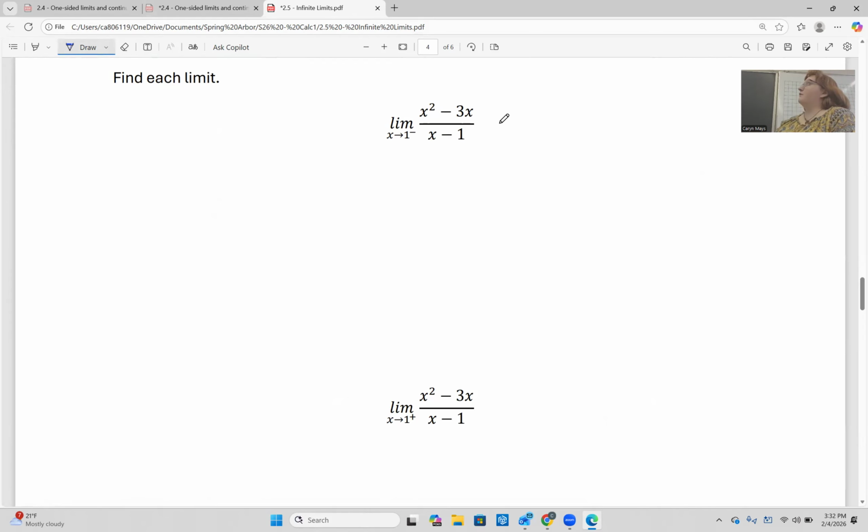It's going to be a negative over a negative because when we're looking close to 1, 1 squared minus 3 times something close to 1 is going to end up being negative, like 1 minus something close to 3 is negative. The denominator, when I'm on the left of 1, that's the 0.99s. 0.99 minus 1 would be negative. Negative over negative is absolutely correct. Positive infinity.